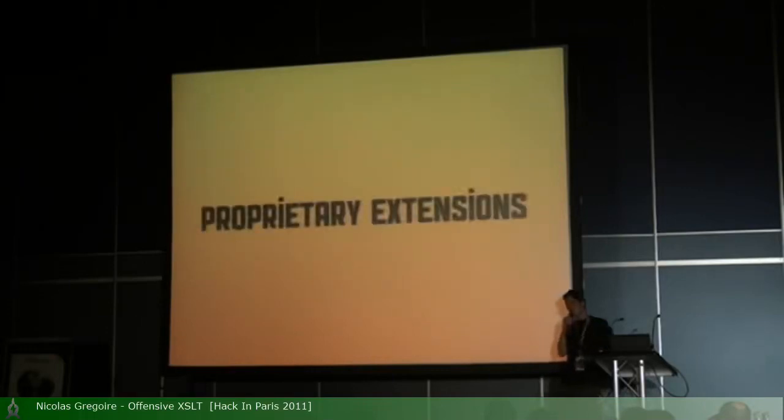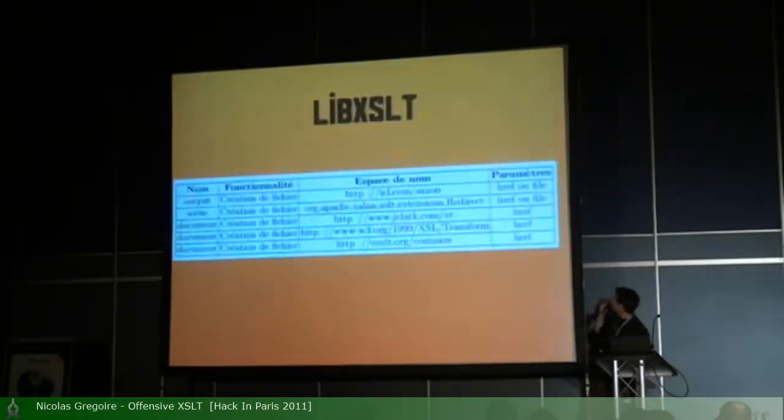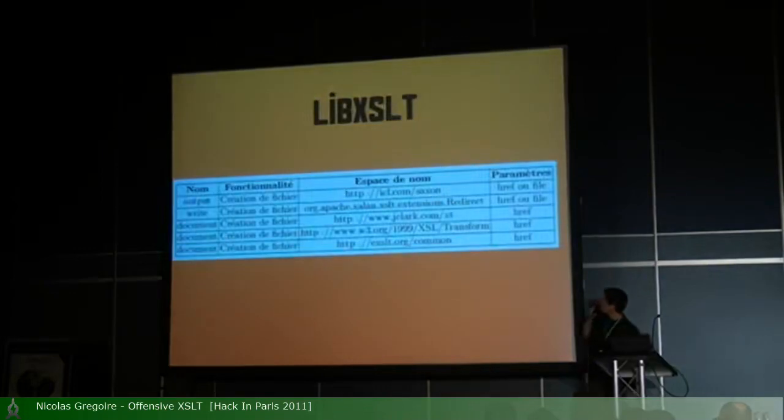Okay, so far we have nothing very important. So we need to look at proprietary extensions. And here there is some interesting things. Like for libxSLT, you can create file, oops, there is some French. So you have several namespaces and several method names with different parameters, and each one can create a file.